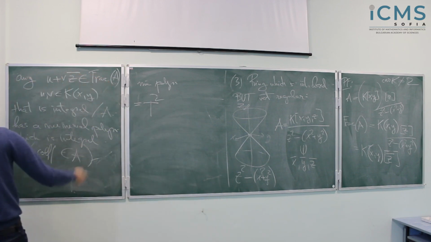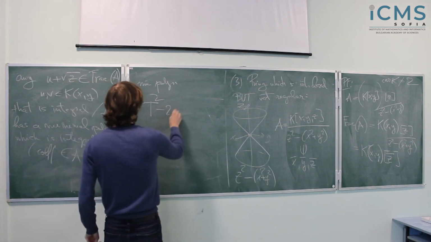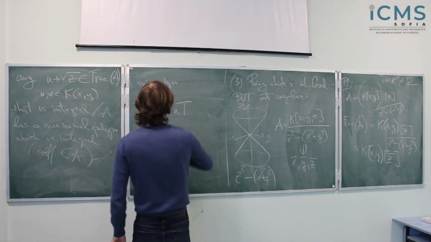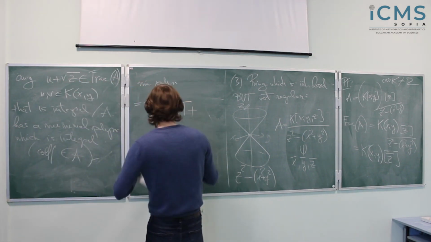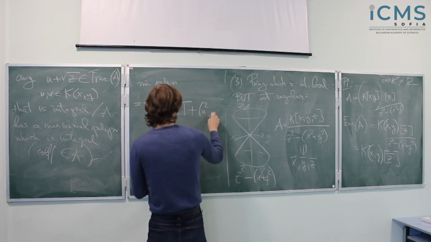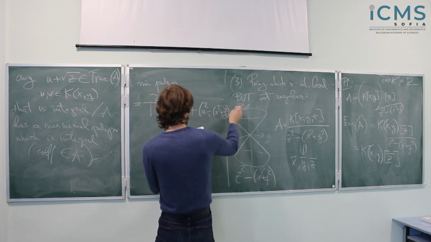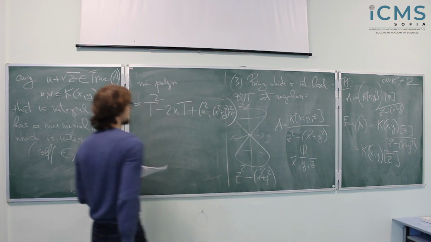So you remember, maybe you remember the trace and norm of an element. So the trace is going to be 2u, and the norm is going to be something a little bit more complicated: u squared minus v squared times the equation.